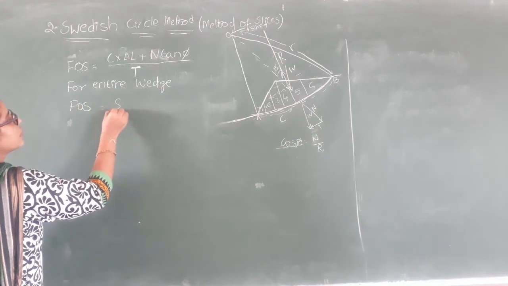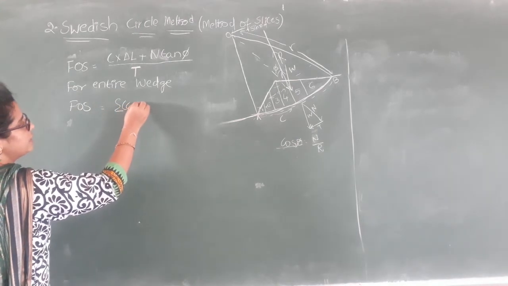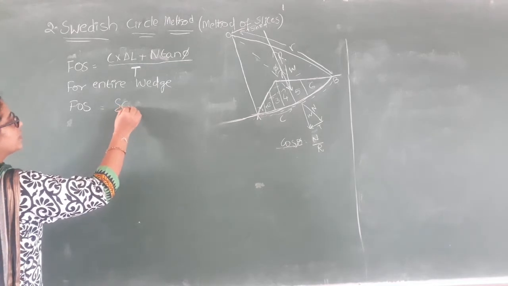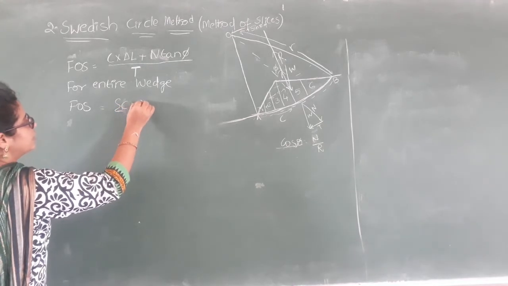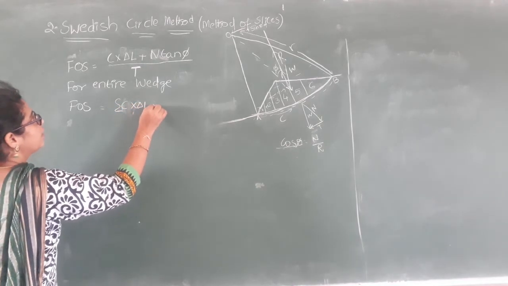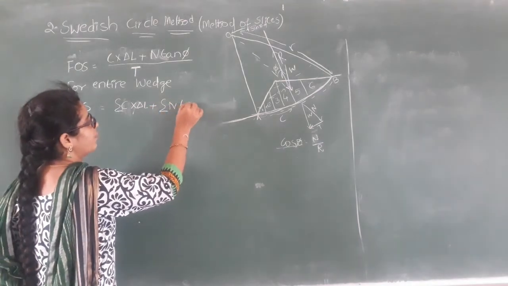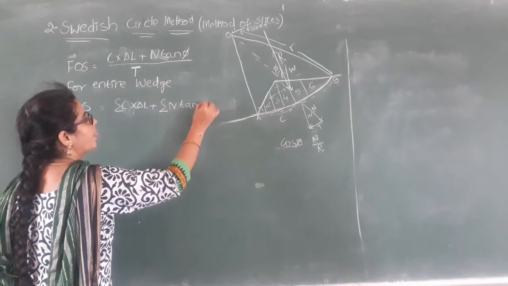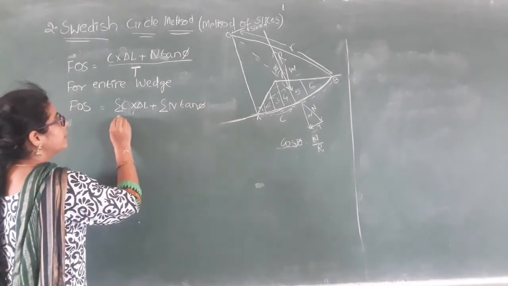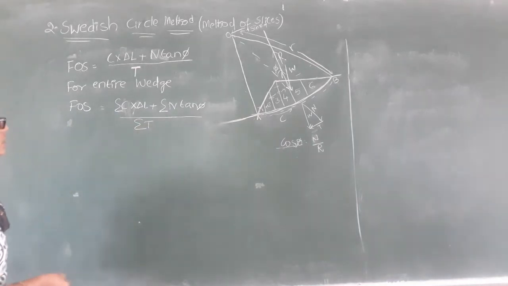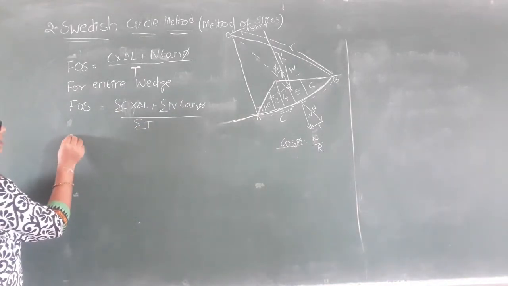So summation of C into delta L plus summation of N tan phi by summation of T. So it can be rewritten like this.